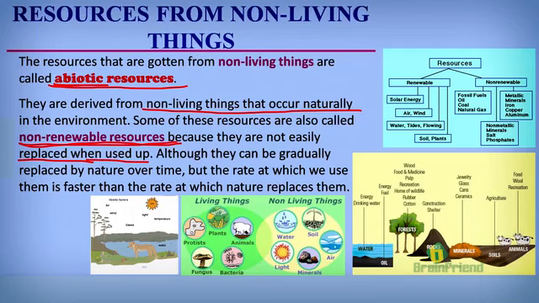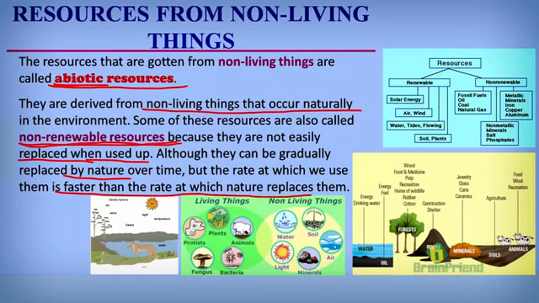Although some of these resources can be gradually replaced by nature because they are provided by nature, that's why they are natural resources. Nature has a way of replacing them gradually over time. But the rate at which nature tries to replace some of these resources occurs more slowly than the rate at which we use them. So we use these resources faster than they are replaced by nature.